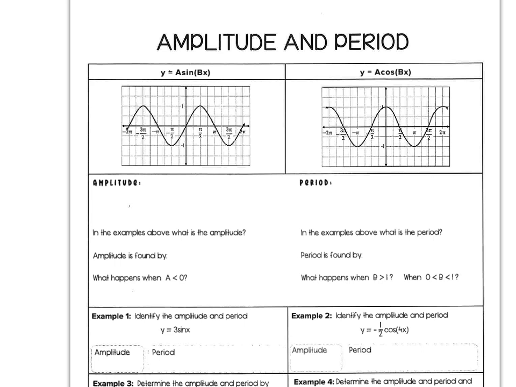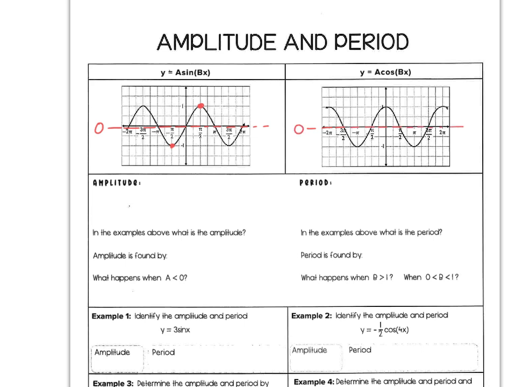both of these trig functions have what's called a midline, and it's basically an imaginary line that cuts them in half. So it's halfway between the maximum point here and the minimum point here on the function. So the midline in the parent function without any transformations is at 0. Okay, both sine and cosine have a midline at 0.